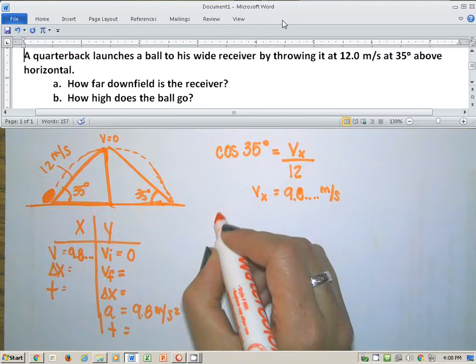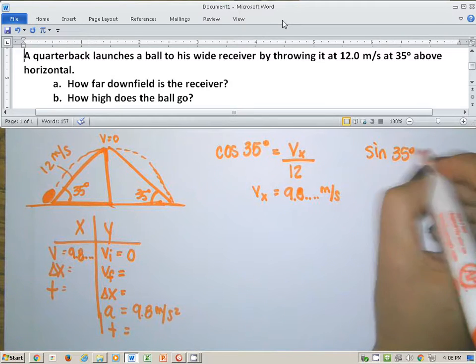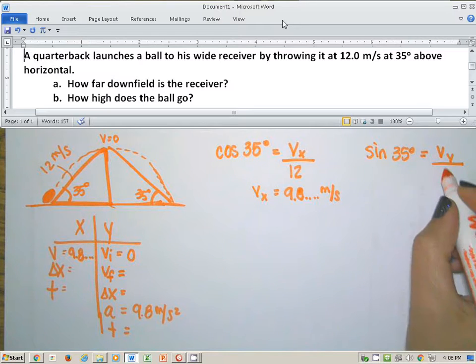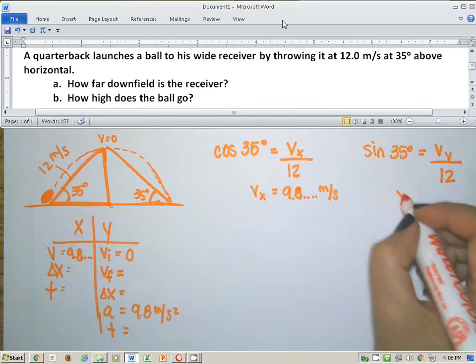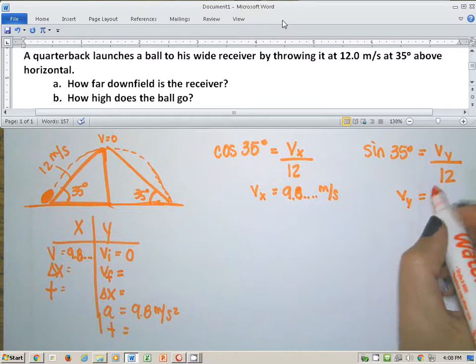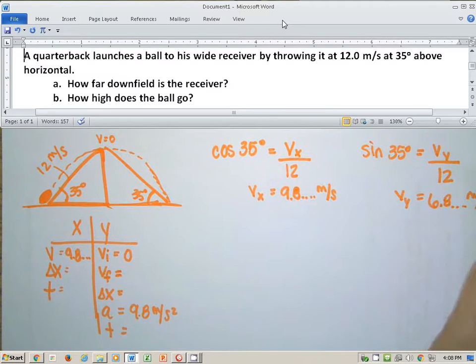We're going to do sine of 35. That's going to tell me the y component of the velocity, and that's also going to go over 12. The y component of the velocity, according to our trig, is going to be 6.8 and a bunch of decimals in meters per second.